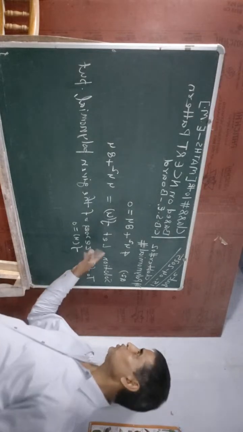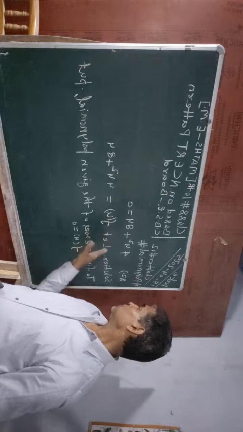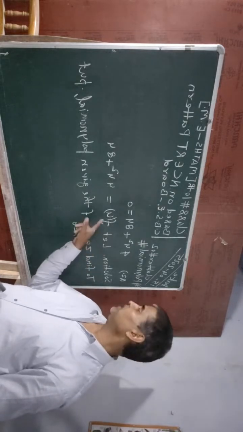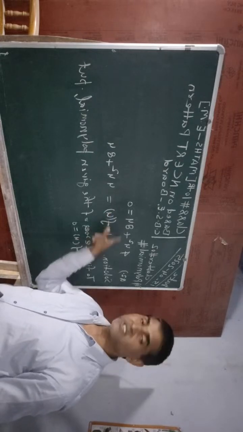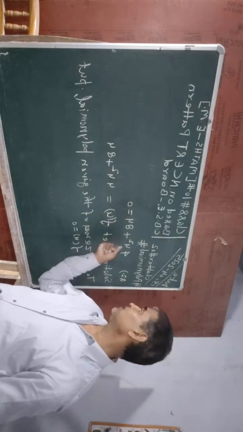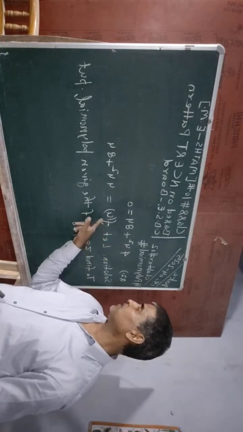Okay, students, so if any polynomial is given, you have to let that polynomial be f of u, because this quadratic equation is given in the form of u, that is, this quadratic equation has variable u. So I will put here f of u.